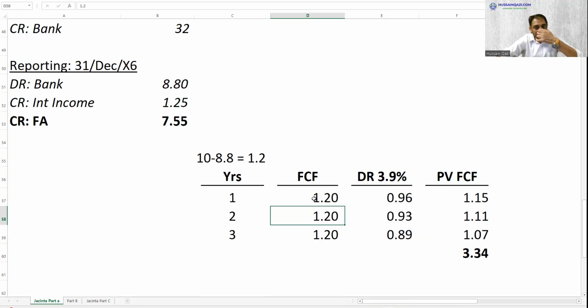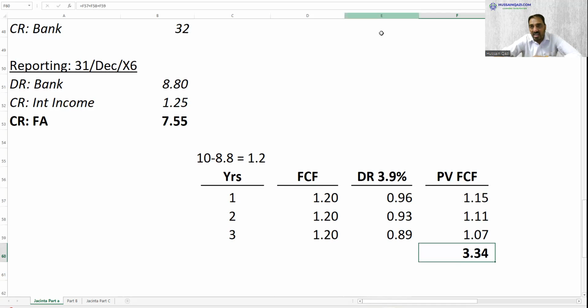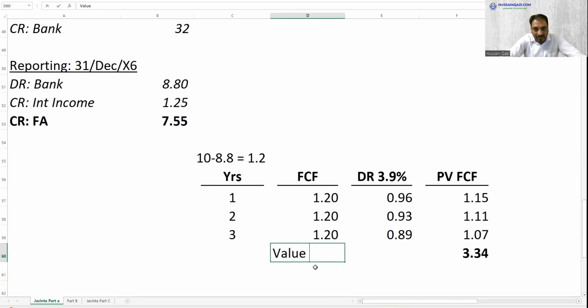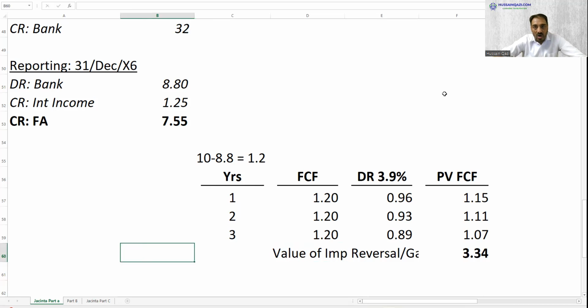The present value of these incremental amounts is 3.34. So this is the value of the impairment reversal or impairment gain, 3.34. Sir, how to account for this impairment gain?